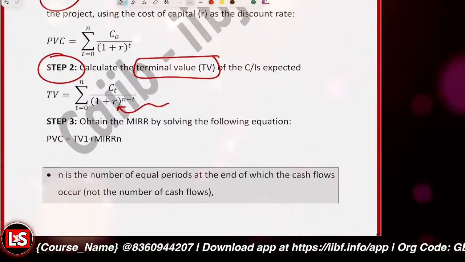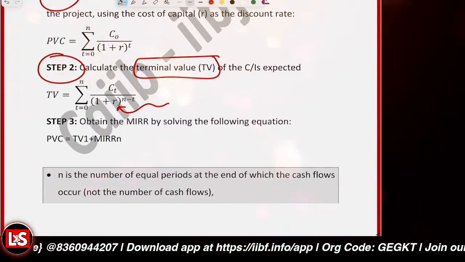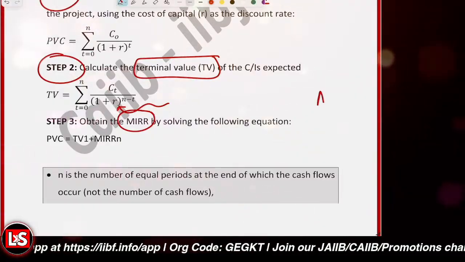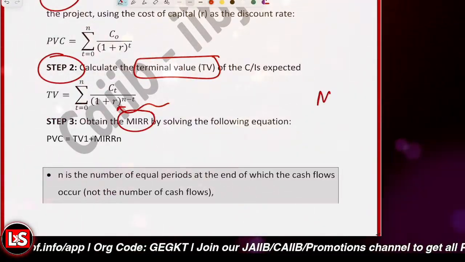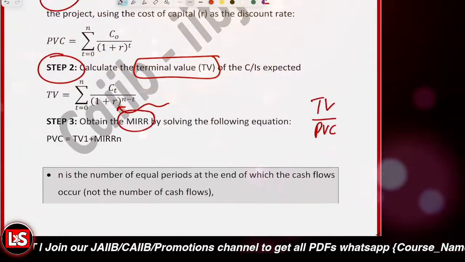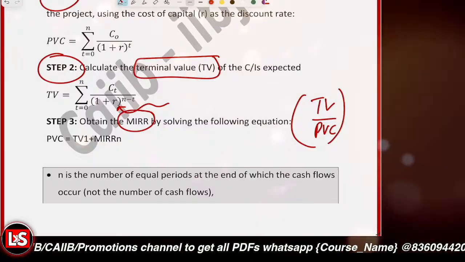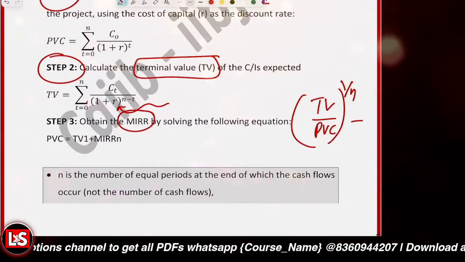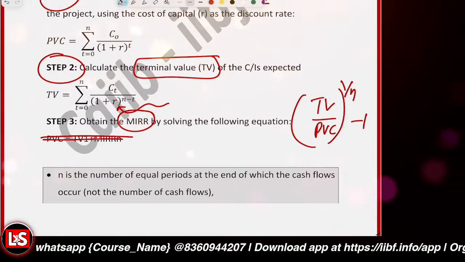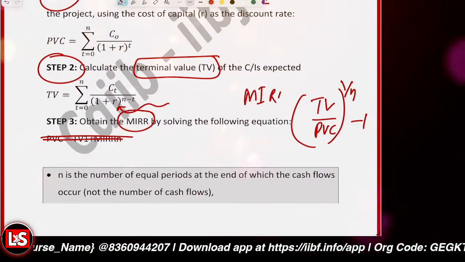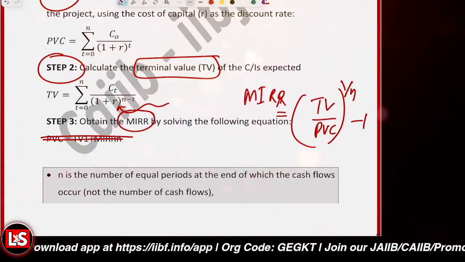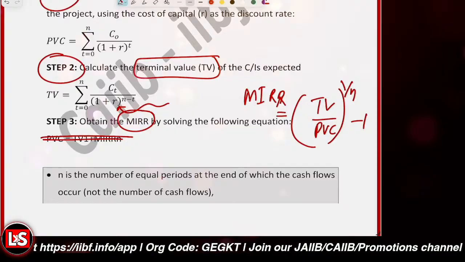After that, we have to calculate the MIRR, and for that purpose we have to solve the equation. The MIRR is equal to (TV divided by PVC) raised to power 1 by n, minus 1.